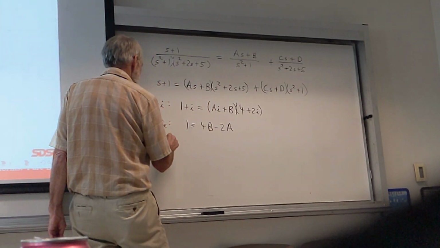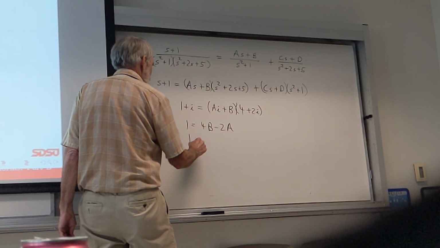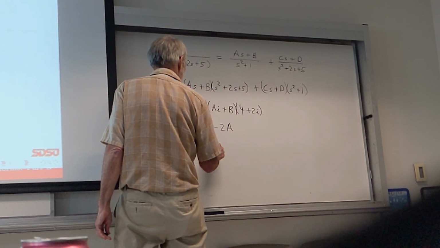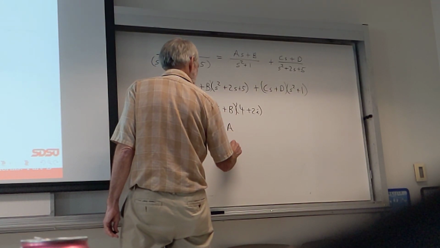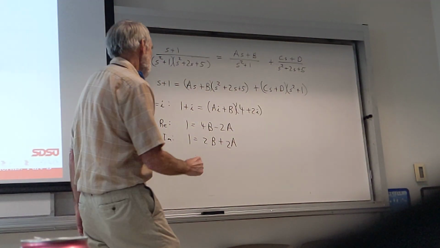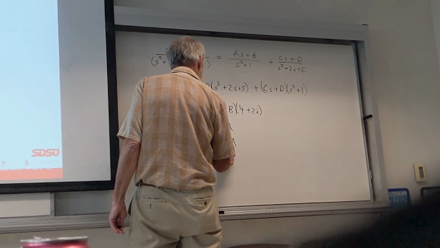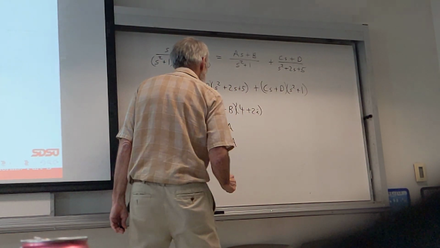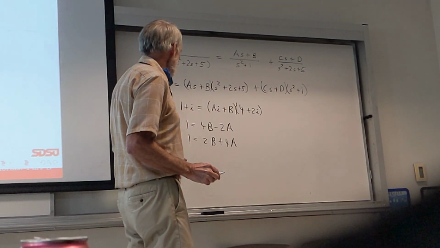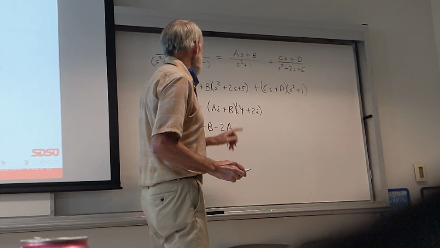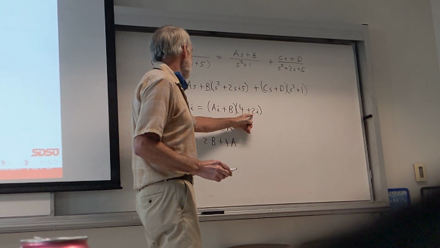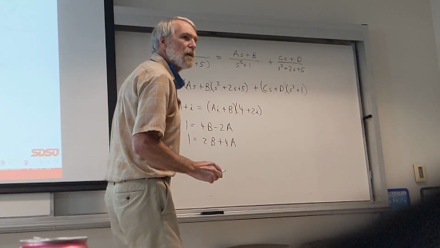What about the imaginary part? 4ai plus 2bi, so 4a plus 2b. So the imaginary part is 1 there, 4 times a, 2 times b. The real part, you get the 4b, and you get minus 2a.